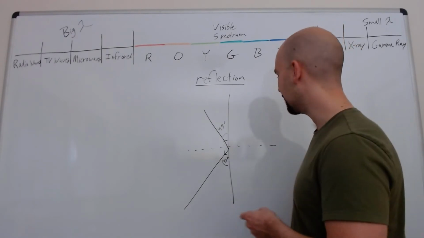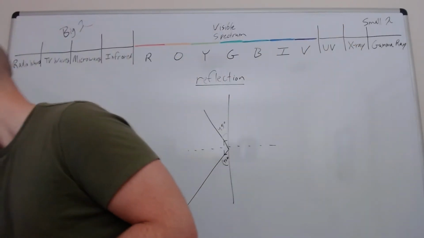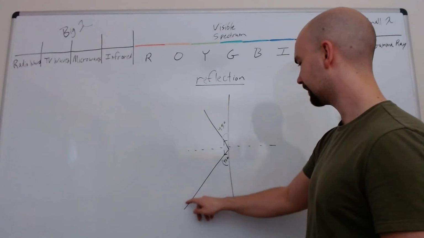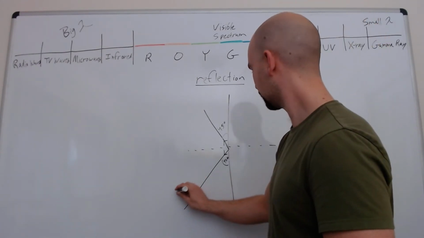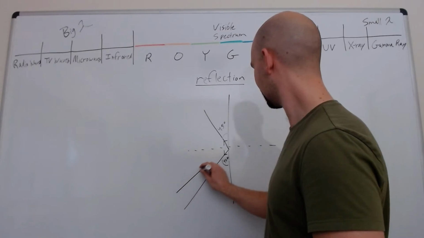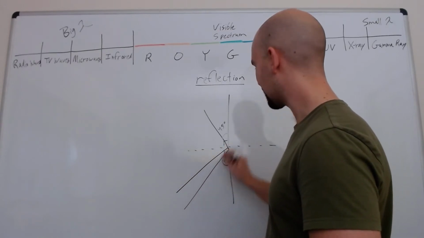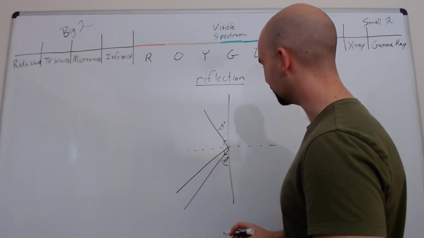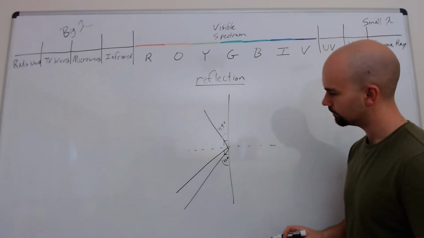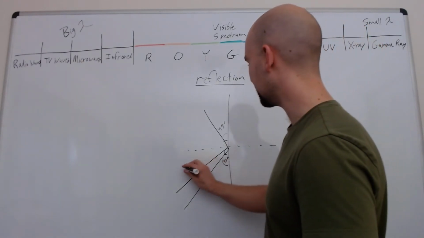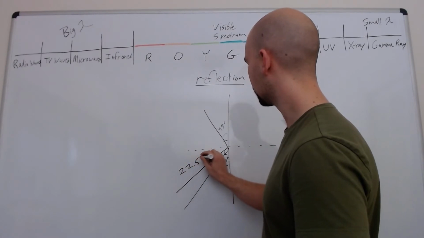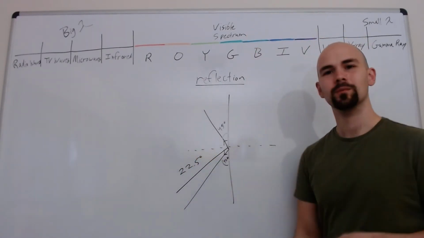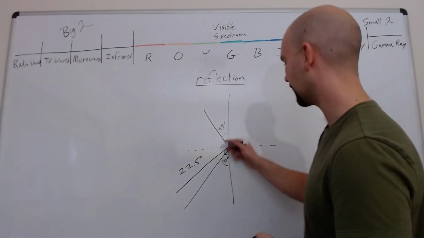Let's say instead, the light source moves up, maybe like there. Now it's coming in at, let's just say, a 22.5 degree angle. What angle is it going to bounce back off, reflect back off?